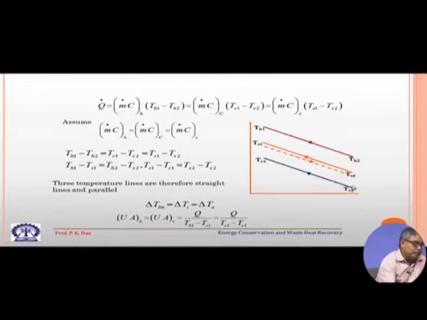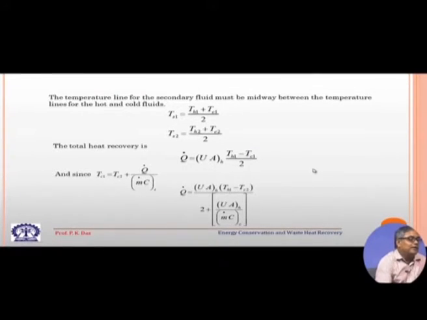This follows. So, that is what we have written, that TS1 is equal to (TH1 plus TC1) by 2 and TS2 is equal to (TH2 minus TC2) by 2. So, total heat recovery is Q dot, that is equal to UAH times (TH1 minus TC1) by 2.